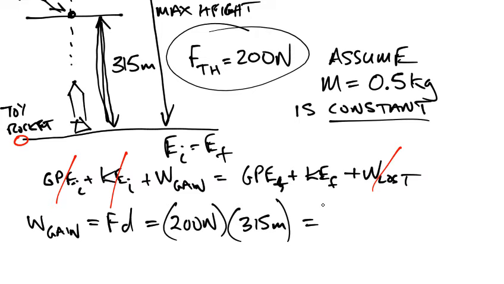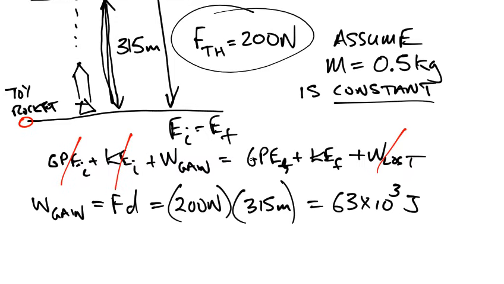Okay? That's going to give us 200, enter 315 times, and we're going to get 63,000 joules. So that's how much energy the engine put into the system.